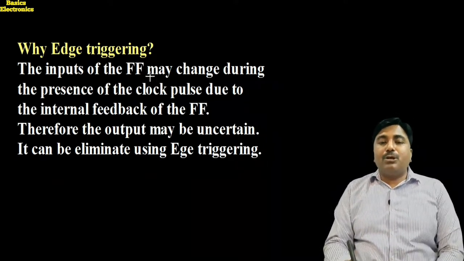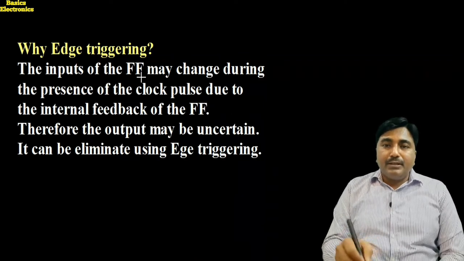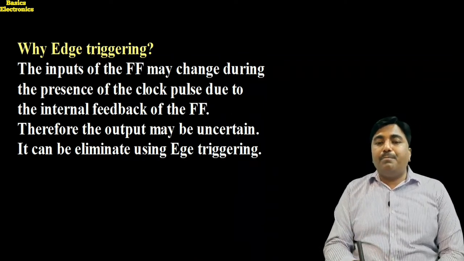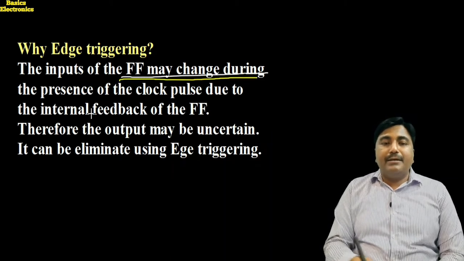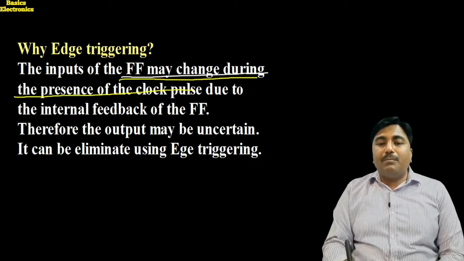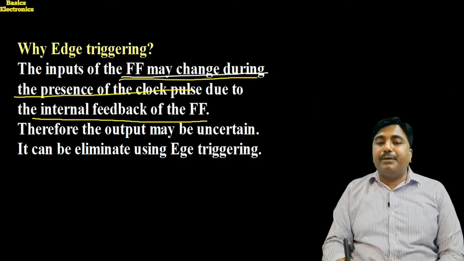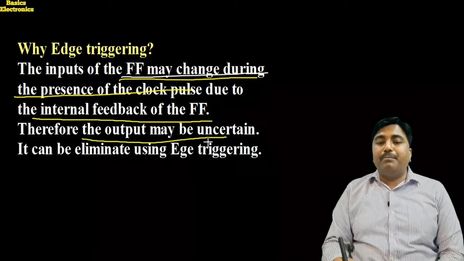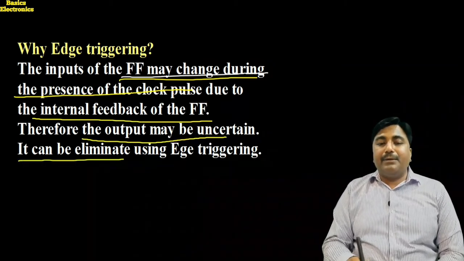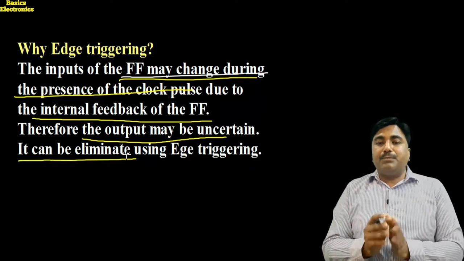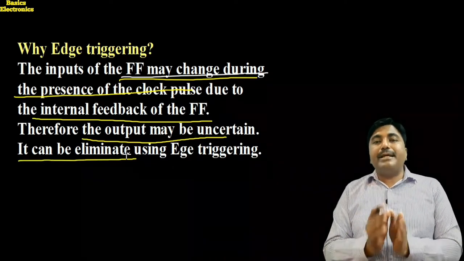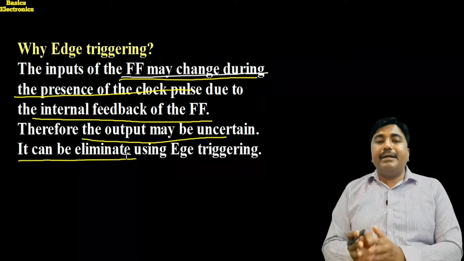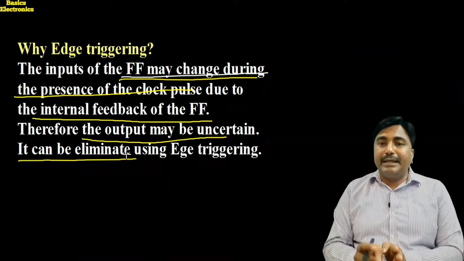The inputs of the flip-flop may change during the presence of the clock pulse due to the internal feedback. Therefore the output may be uncertain, and for that purpose we use the edge triggering of the flip-flop. Okay, so we have seen what the edge triggering is and why we are using it.